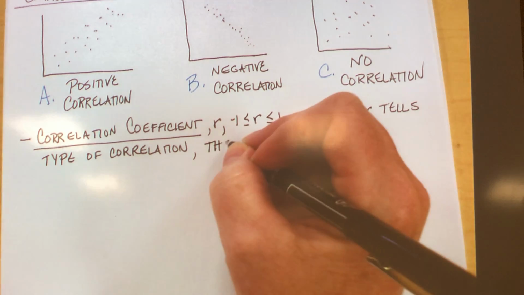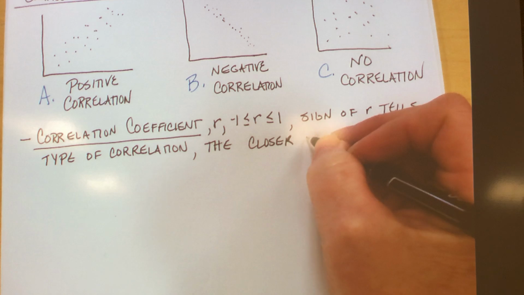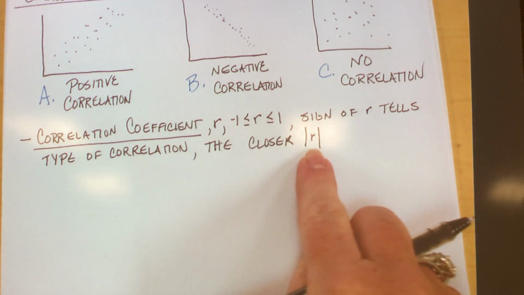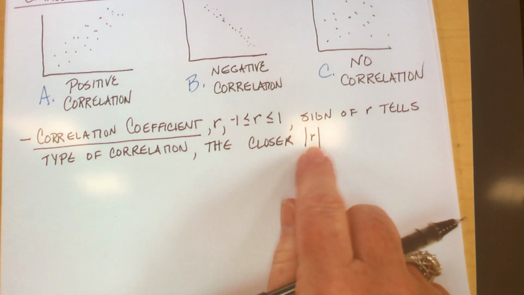The closer the absolute value of R, so I'm going to take the sign off of it and just talk about the number. I've already told you what the sign represents. So let's talk about this number.